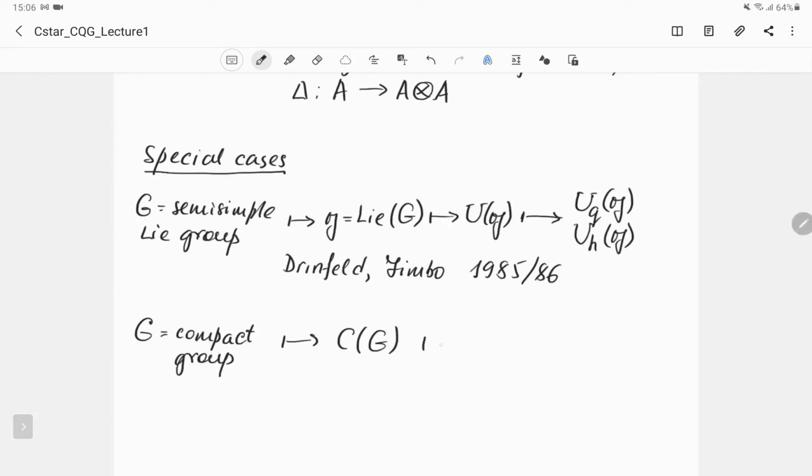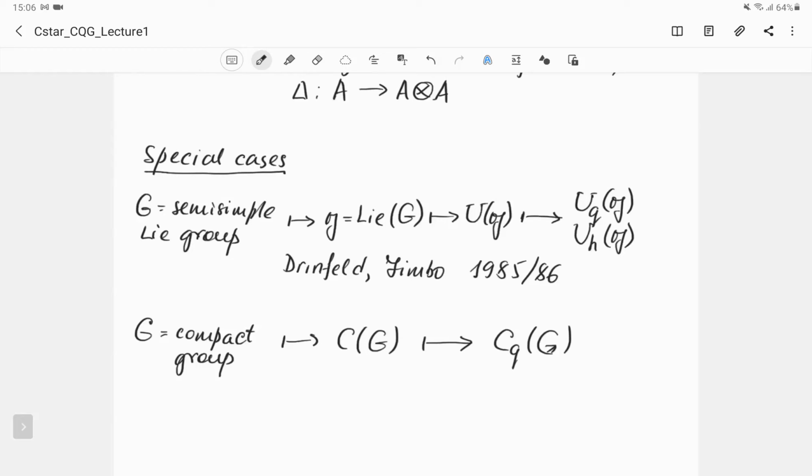Then we somehow deform or quantize this object. And what we get is a compact quantum group in the sense of Woronowicz, denoted by C_q(G). So this is a non-commutative C-star algebra. Usually it is not commutative.